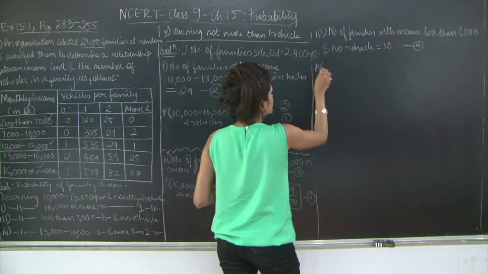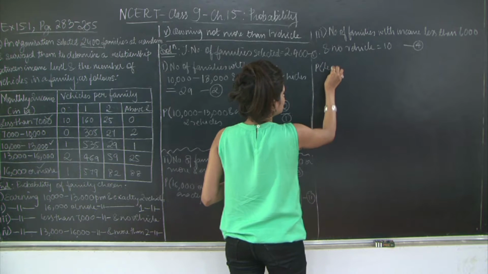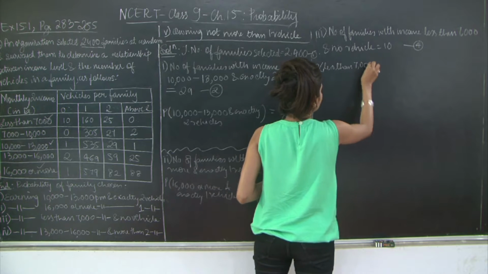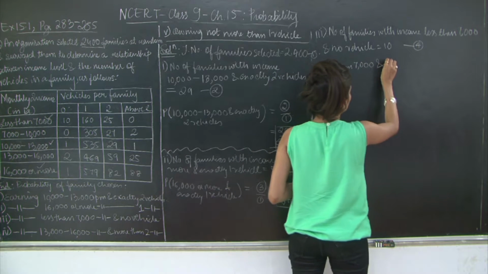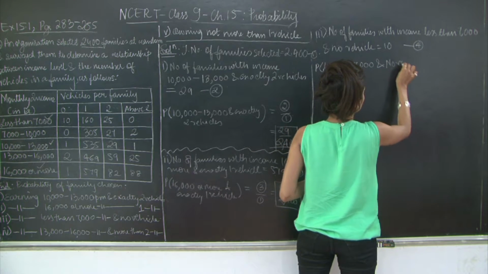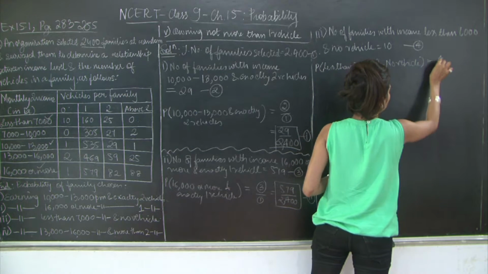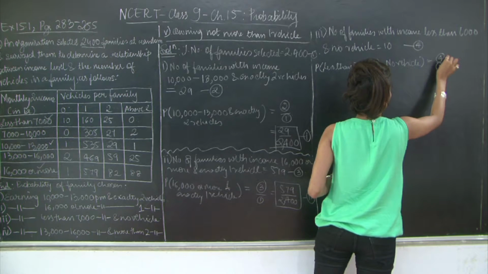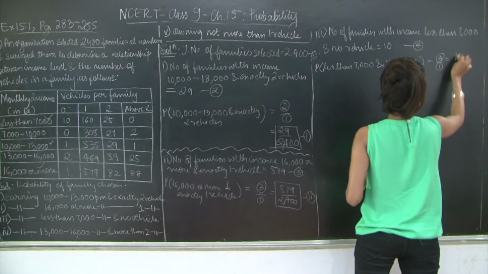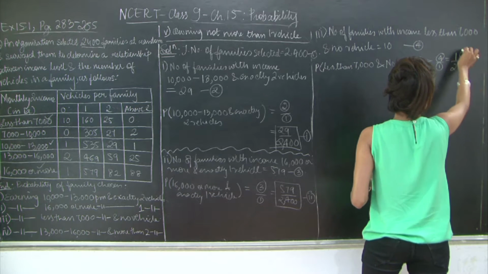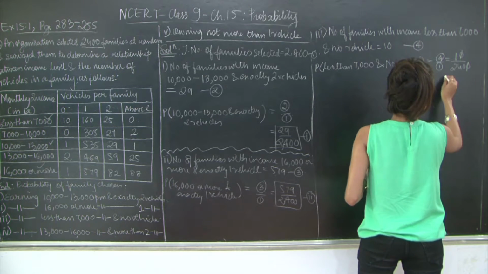So the probability of less than 7,000 and no vehicle is equation 4 divided by equation 1, which is 10 divided by 2400. You can cancel this further. So this is 1 upon 240.